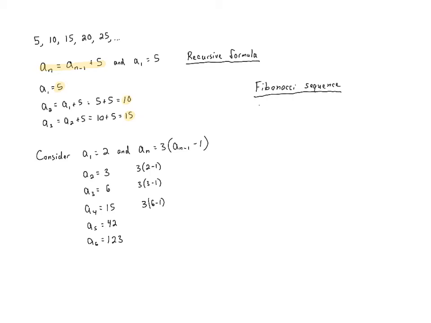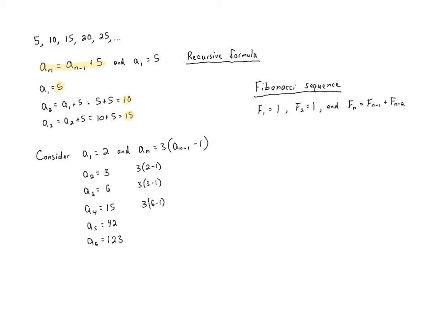So the Fibonacci sequence is defined by f sub 1 equals 1, f sub 2 equals 1, so the first two terms are both equal to 1, and then to find a subsequent term, f sub n, you need to add the two terms that came before it. So f sub n minus 1 plus f sub n minus 2.